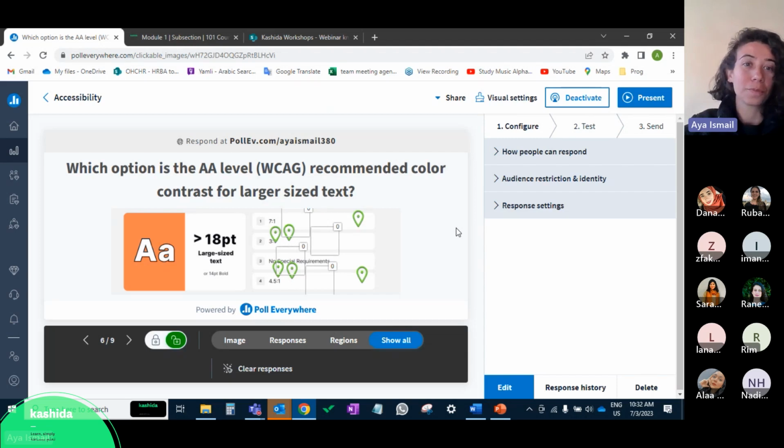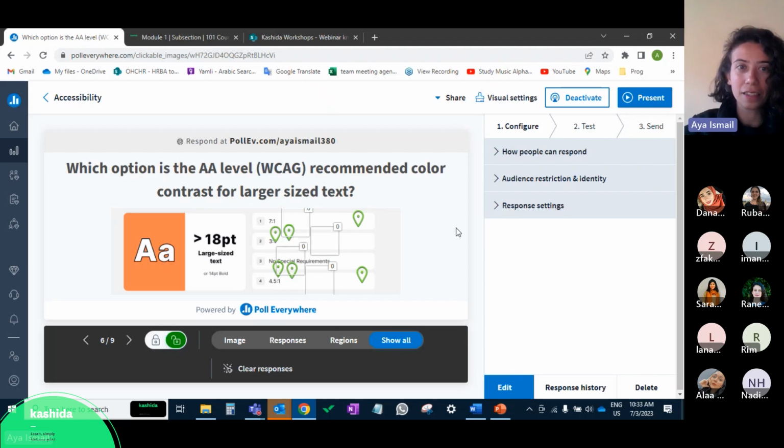Yeah, so it's not an easy question. I think this is a bit related to people, like Ruba was saying, who know a little bit more about design, and also the guidelines are quite specific on this. So the right answer in this case is 3-1, which means a relatively lower contrast.